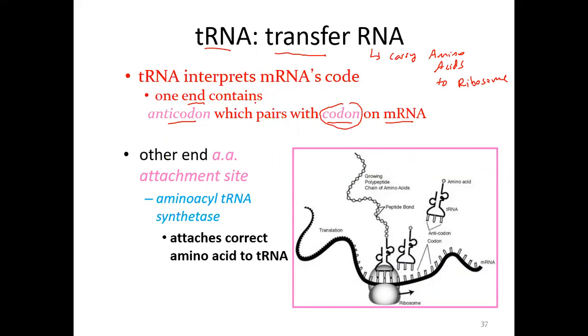Now, one massively important thing I need to make known is that each tRNA is specific to the amino acid it carries. On one end, it's showing the anticodon.